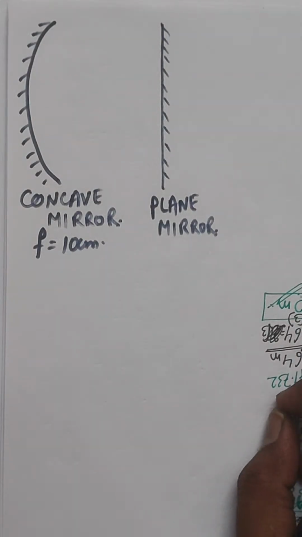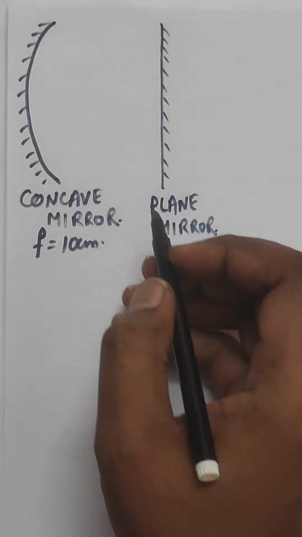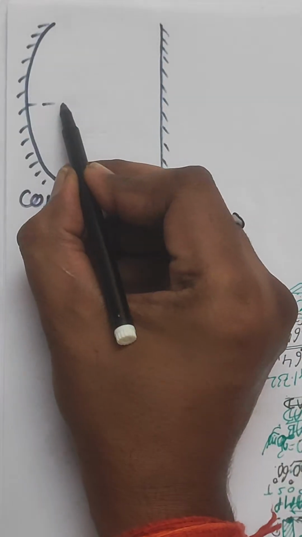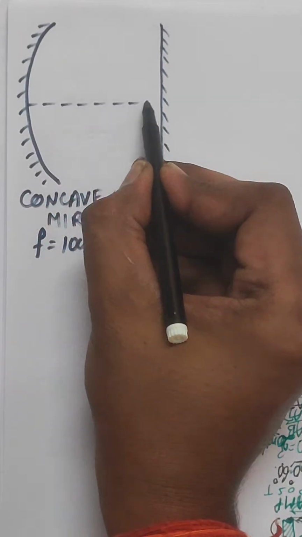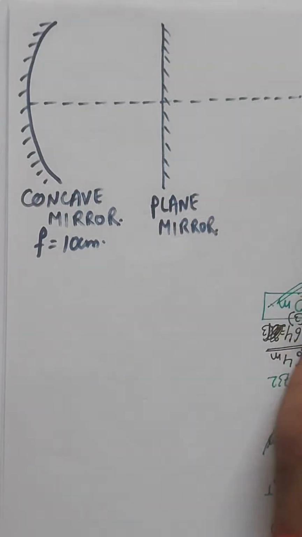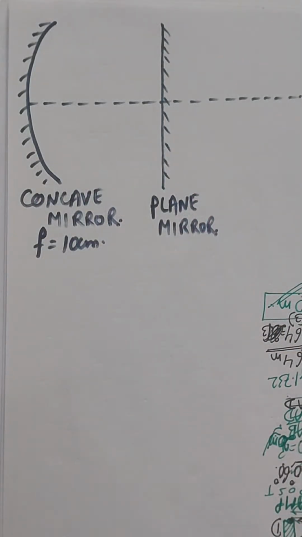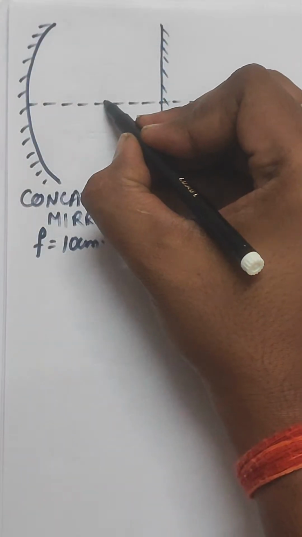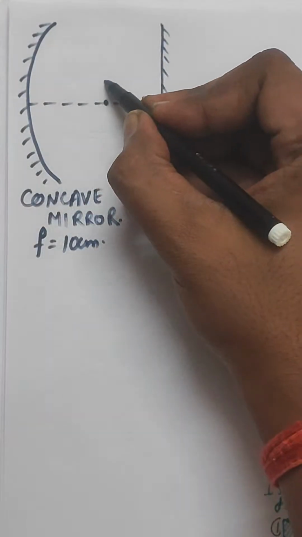Now we need to find where an object can be placed in between the two mirrors so that the first image in both mirrors coincide. So where to place the object? If this is the principal axis passing across, let us say the object is placed something over here.